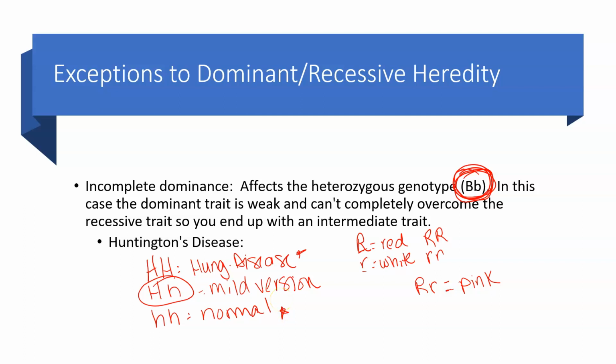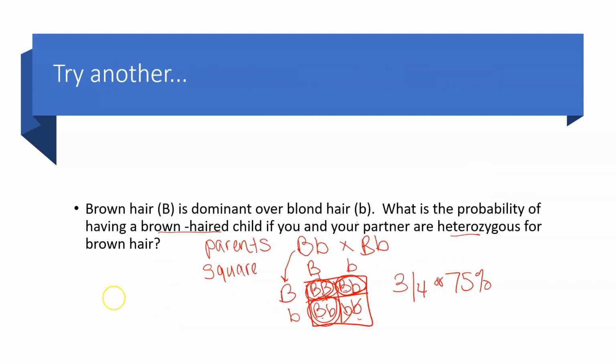Now, one thing I should have mentioned earlier, in the heterozygous situation, so this person right here, even though they might not have the disease, like in a regular dominant recessive situation, so let's go back and use this example. So these two, big B, little b, this person is considered a carrier, meaning that they carry the recessive disorder even though they don't show the trait of that disorder.